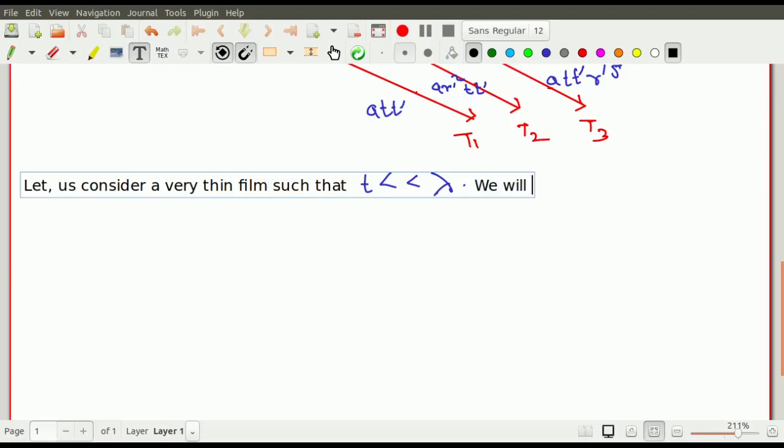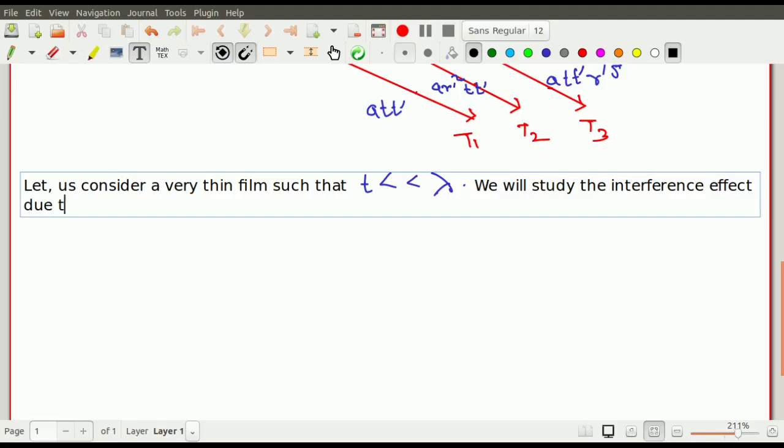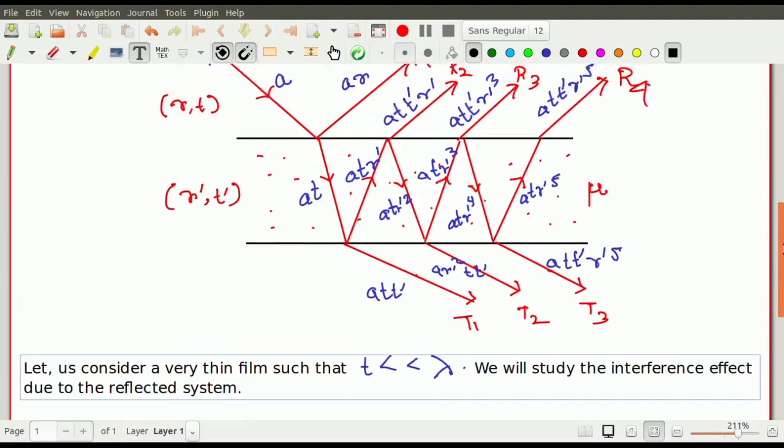we will study the interference effect due to the reflected system. That means we will take the reflected beams. So we will take all the reflected beams.